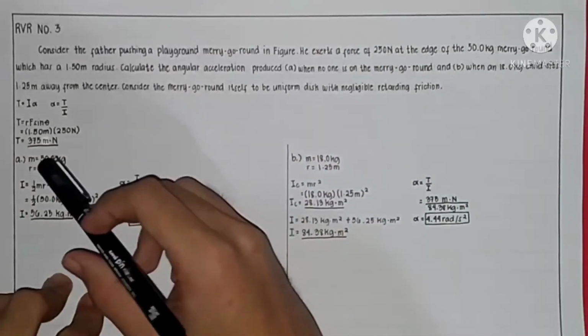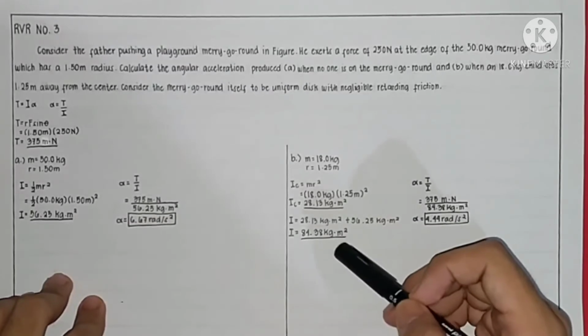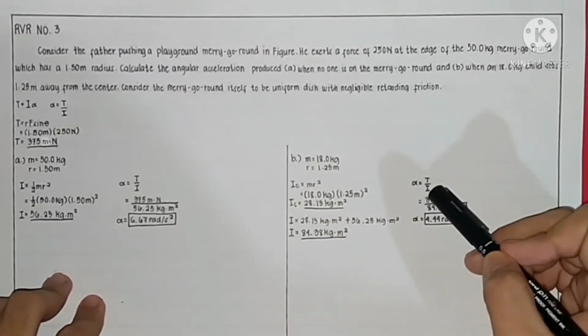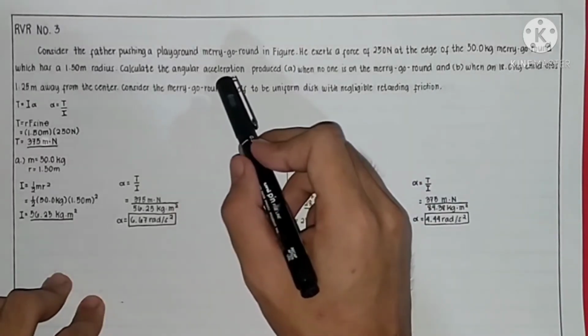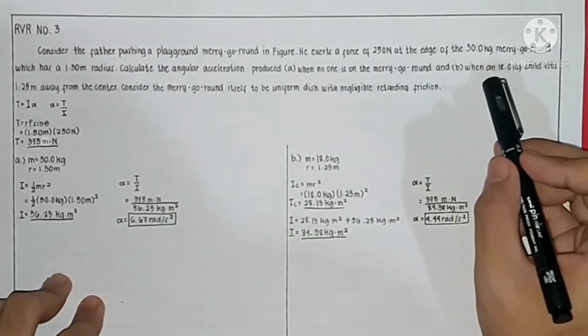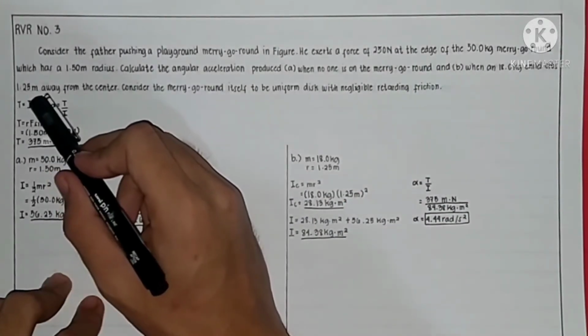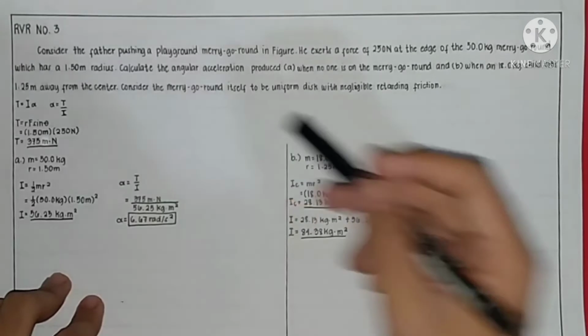So since meron na po akong value ng torque and meron na rin po akong value ng inertia, pwede na po ako mag-proceed for calculating the angular acceleration for letter B when an 18.0 kilogram child sits 1.25 meter away from the center.